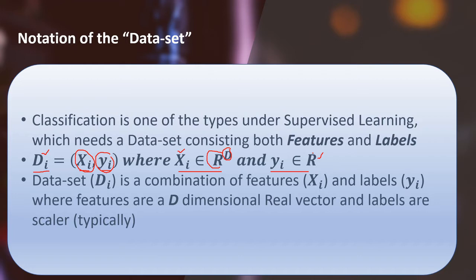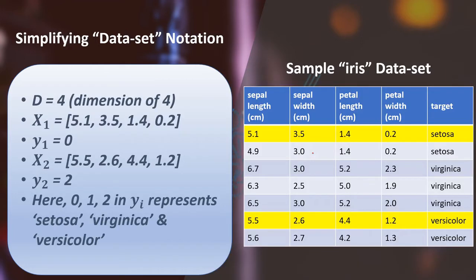I think this is clear. If not, let me clear it with this example. If you have gone through my previous videos, you might have seen this similar data set. This is the famous IRIS data set, also known as the Hello World problem of classification.